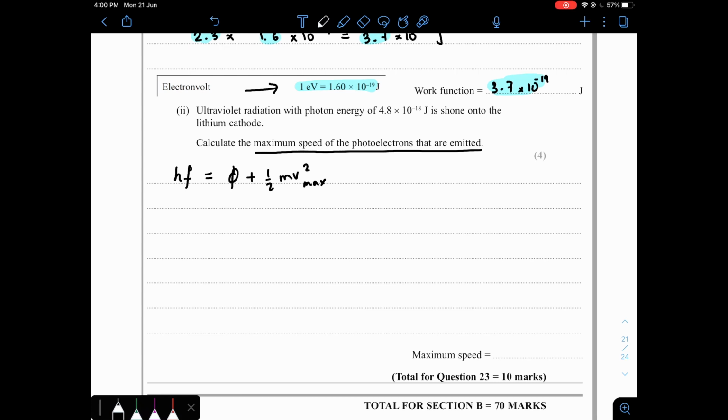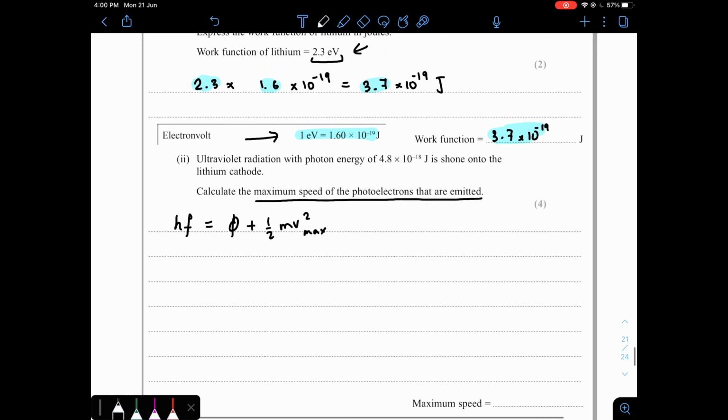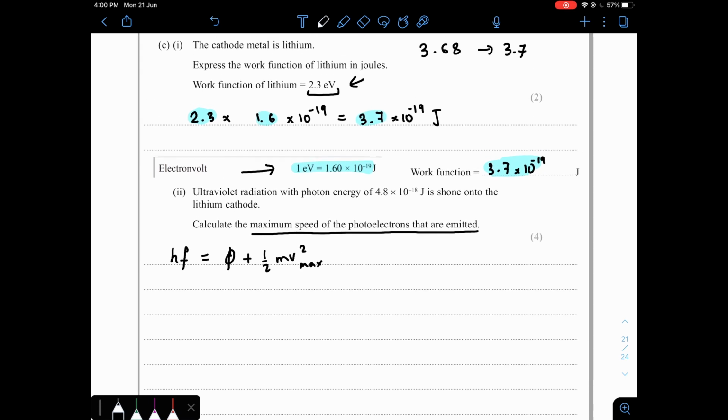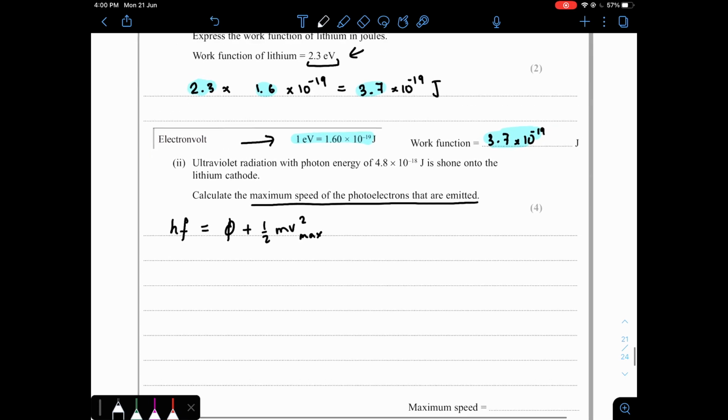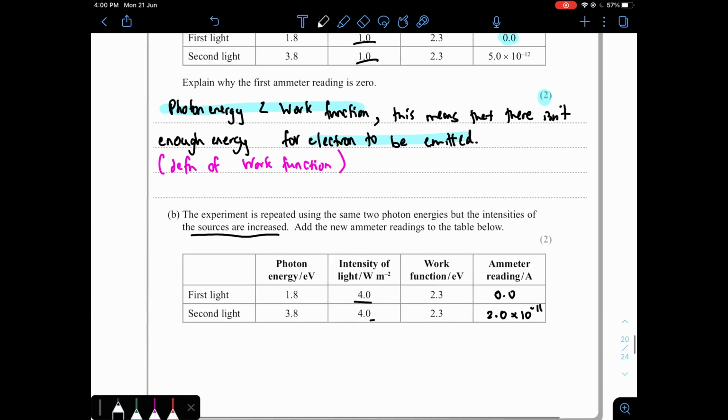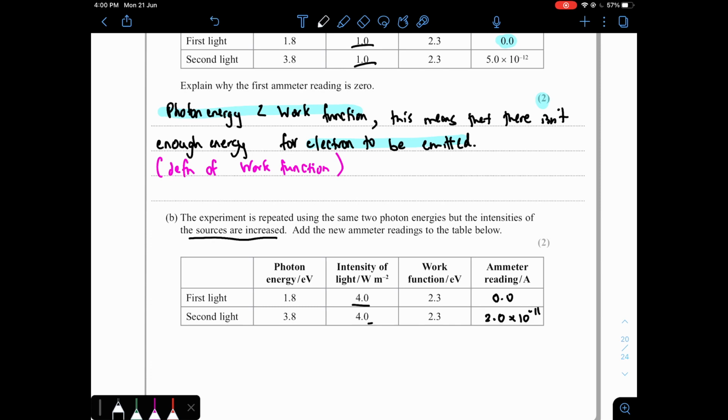They tell us that the ultraviolet photon energy is 4.8 times 10 to the power of minus 18. So first let's work out what the kinetic energy will be. They tell us the work function, and if you go back up, you can see that.